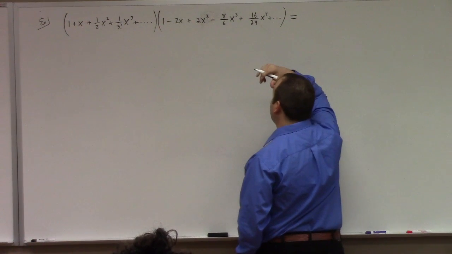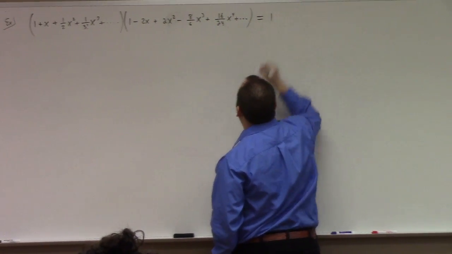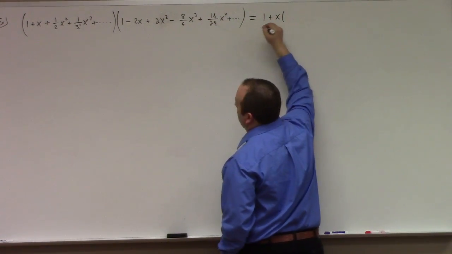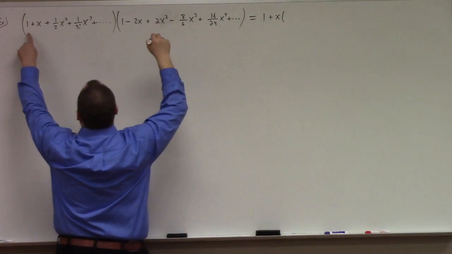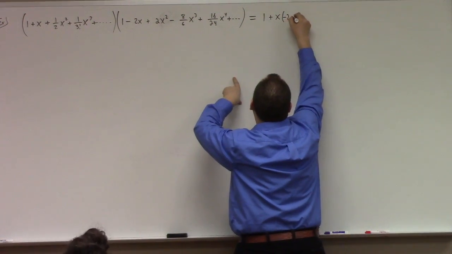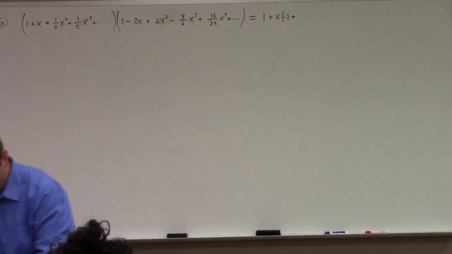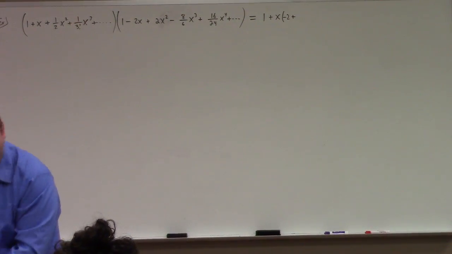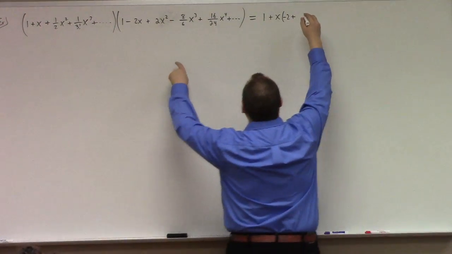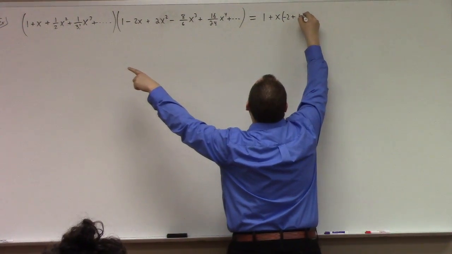So let's see, this would give us what? In terms of constants, we have 1. How about x? Let's see, linear term, x, we've got what? We got 1. We got a minus 2, right? Plus what? Let's see here, minus 2 plus 1, right?